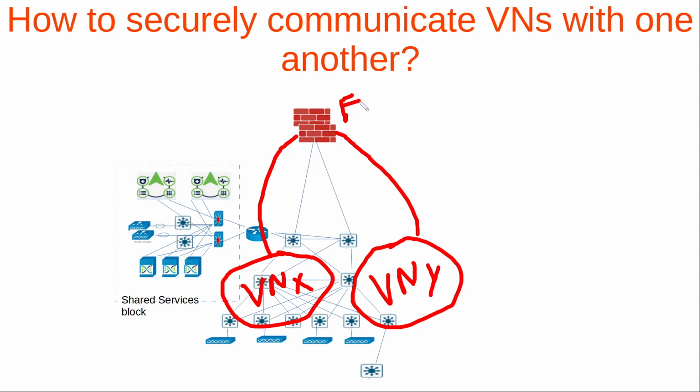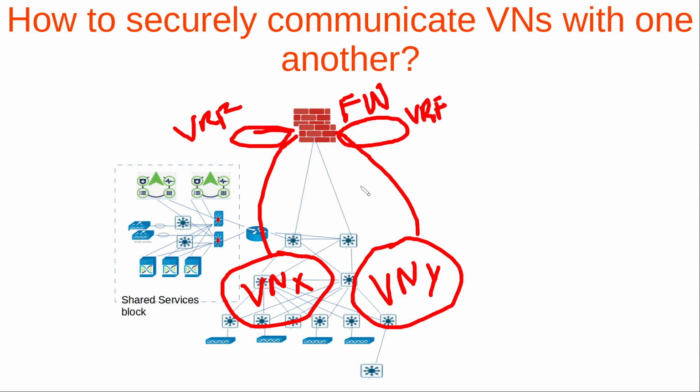So in this case, you might create, for instance, some sort of VRF here in your firewall and another VRF here, or some other means of doing it. And so the firewall will be in between, and you will have the opportunity to set up rules that will provide these communications between these two different virtual networks.